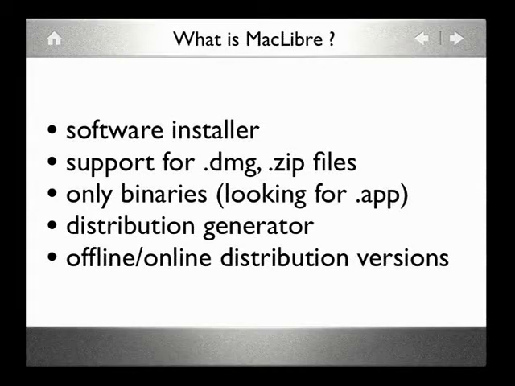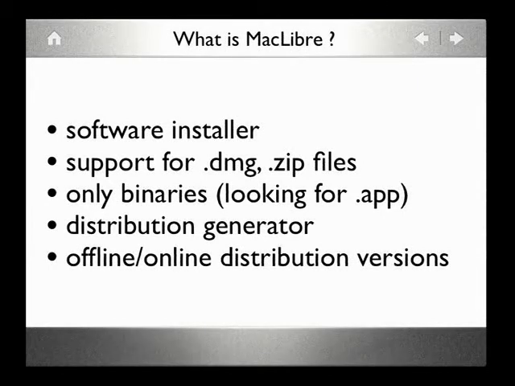I also wrote a distribution generator so you can make your own MacLibre distributions, let's say Games Libre or Office Libre, or whatever you want to call it. It's just a set of applications you want to distribute. And you can have offline distribution or online distribution.